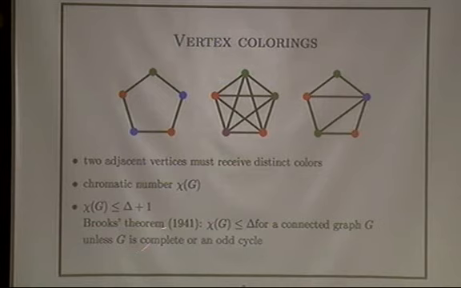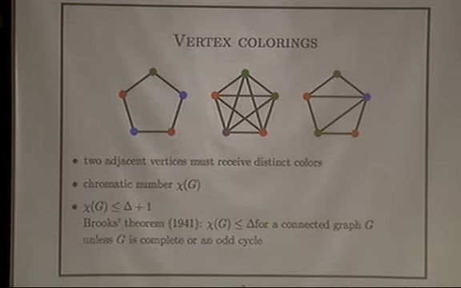And the famous Brooks theorem from 1941, which is one of the oldest theorems in graph theory, asserts that the bound can be improved by 1 for connected graphs unless the graph is either complete, so this is one exception, or it's an odd cycle, so this is another exception. So for instance, this graph has maximum degree 4, and its chromatic number is only 3.